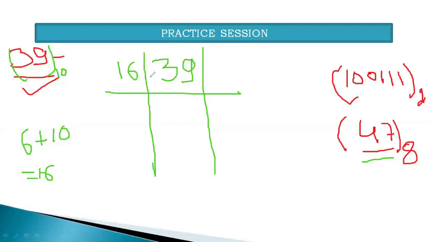So convert this decimal number into the hexadecimal number system by dividing it by the number 16. 39 divided by 16. The quotient will be 2 and the remainder is 7. Correct, Krishna?